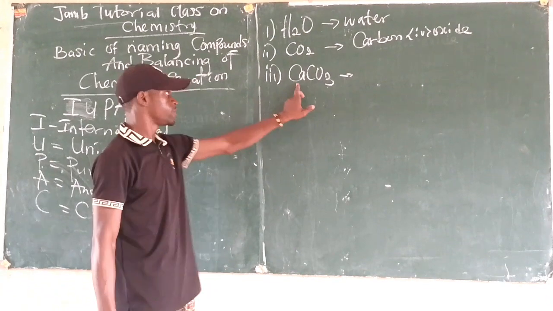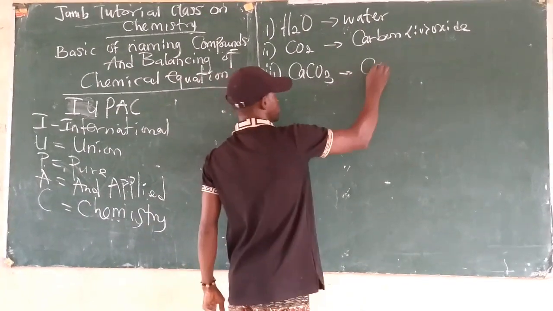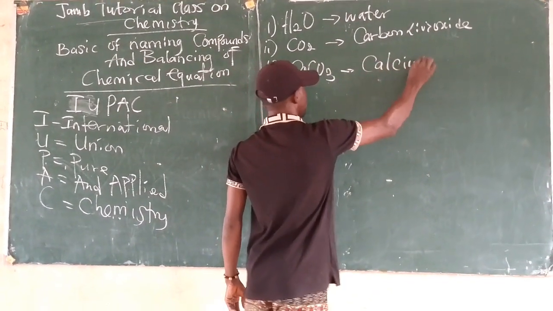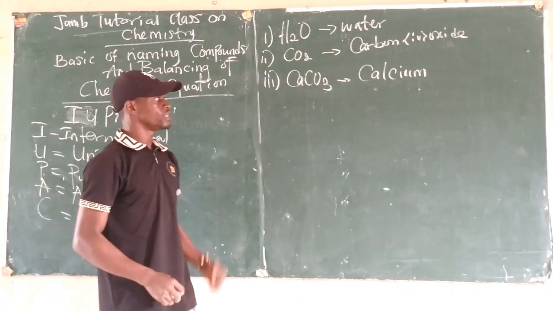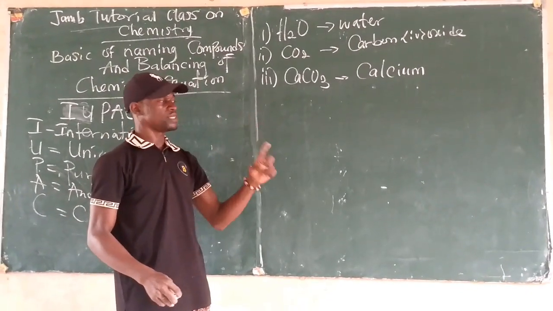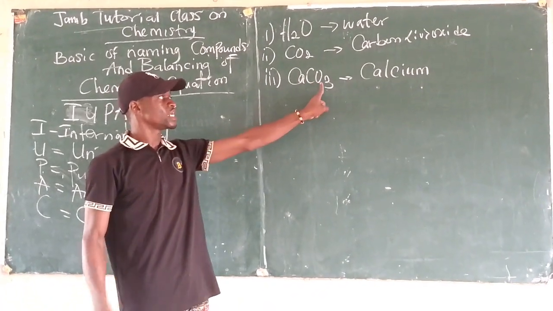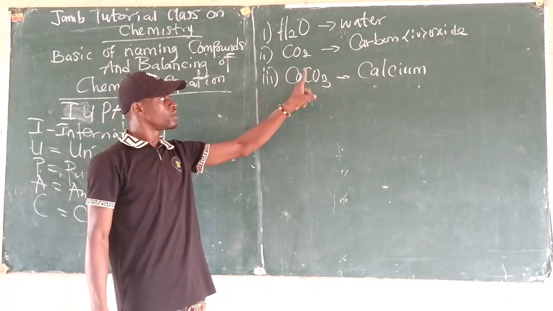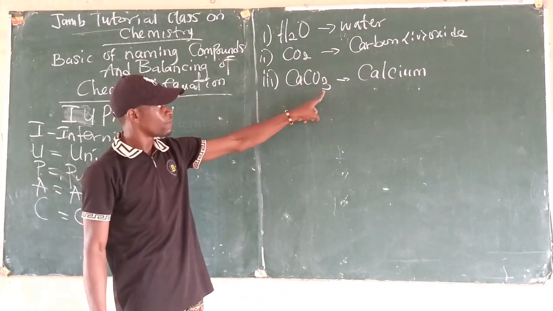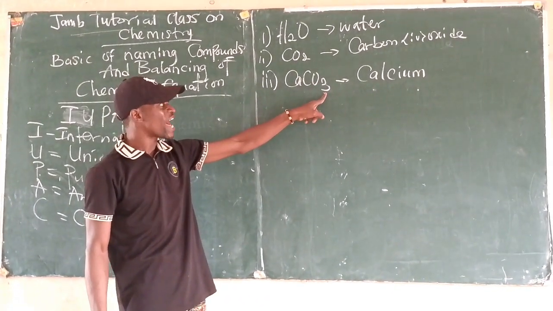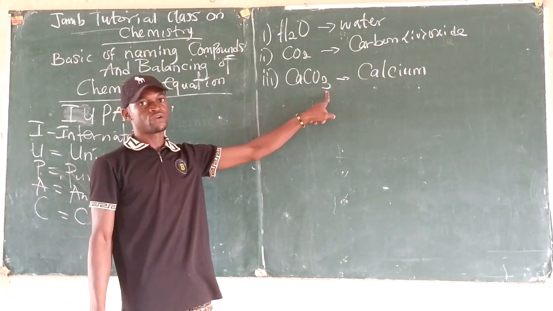This is Ca. Ca represents calcium. Having done that, then check the third element. We have 3 elements here. The third element is oxygen. But how many atoms of oxygen do we have here? We have 3 atoms of oxygen.